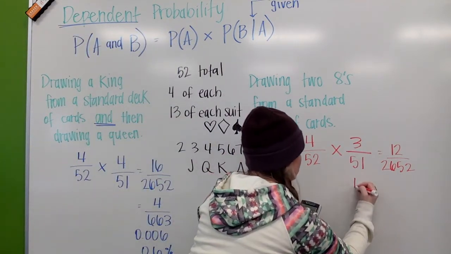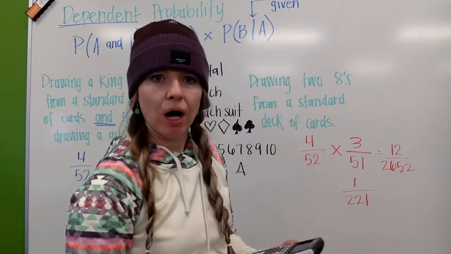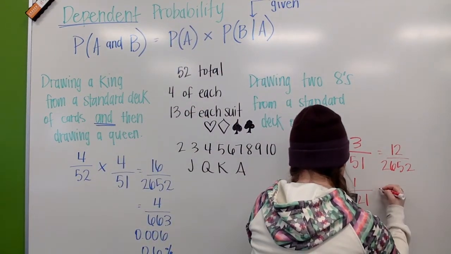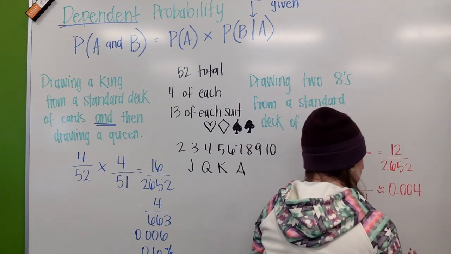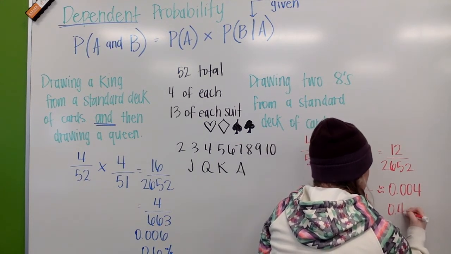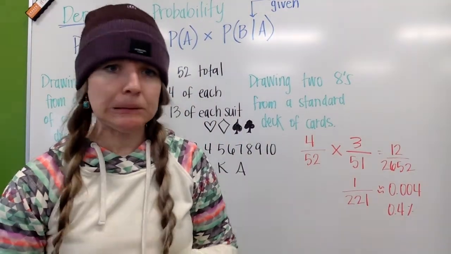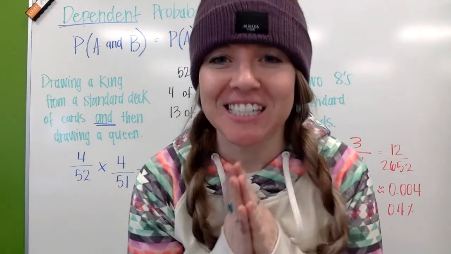That's going to reduce to 1 out of 221. Wow, those are really low odds. This one is about 0.004 as a decimal. So that's 0.4%. Not even a 1% chance. Not good odds. Okay, we'll practice up with those, see how you're feeling.